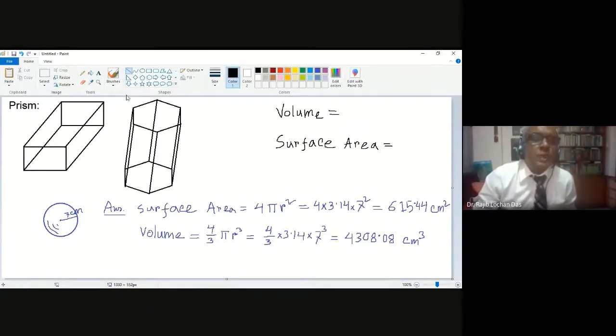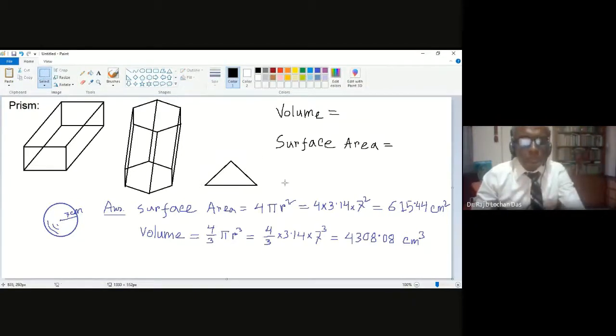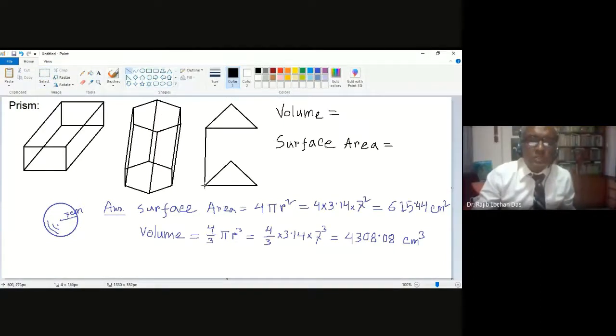So the bottom can be a triangle also, the top can also be a triangle, and the same bottom and top will be just joined together, so the prism will be made. Is that okay? Do you understand what I say?